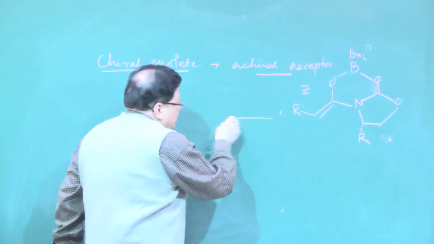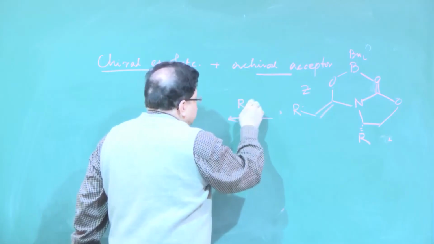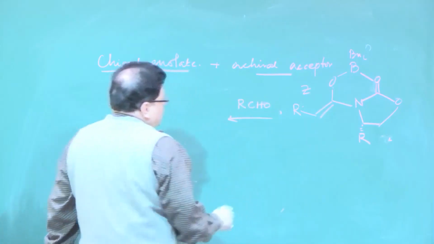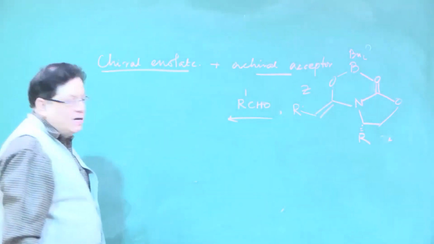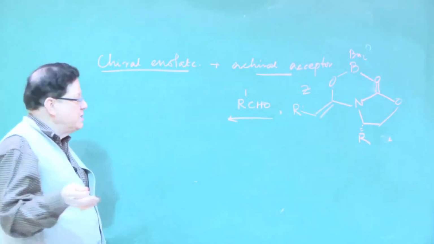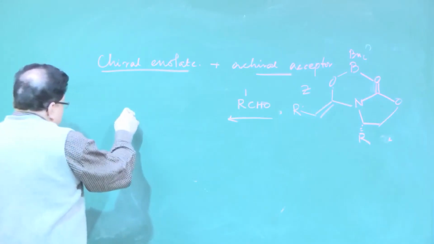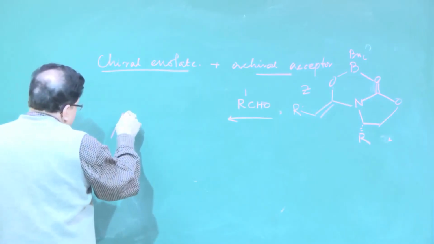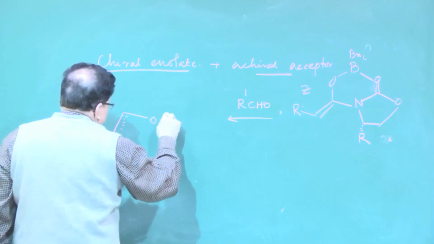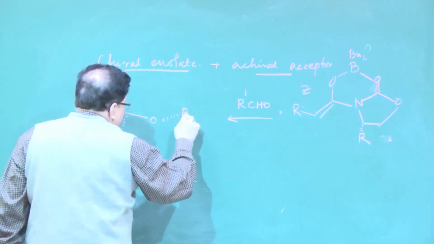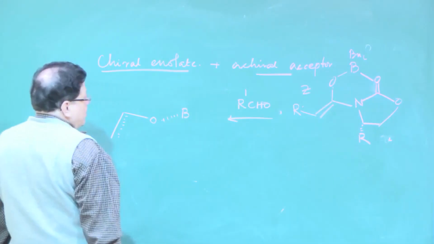Now, I know that when I add RCHO, make it R1CHO, that reaction will go via the Zimmermann-Traxler model. Okay. And the Zimmermann-Traxler model basically demands that, instead of lithium, you have boron here. Okay.